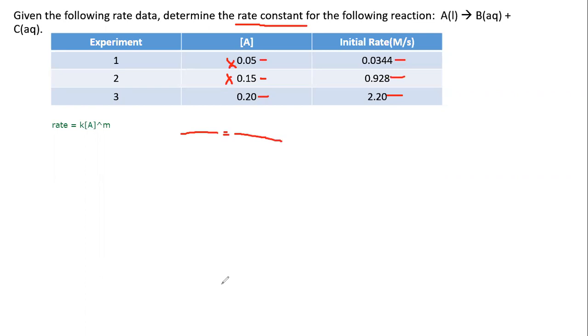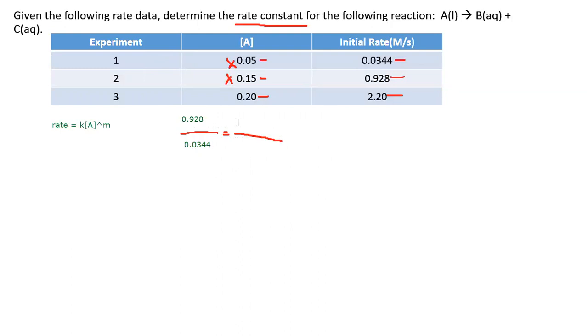And so we have experiment 1, and I like to put the bigger number on top, so I'm going to put experiment 2 on top and experiment 1 on the bottom, just so that when I simplify, I get a number bigger than 1, which is easier to determine what the order of reaction is. But whether you put experiment 1 on top or experiment 2 on top, you're going to get the same result. I'm going to put 0.928, 0.034.